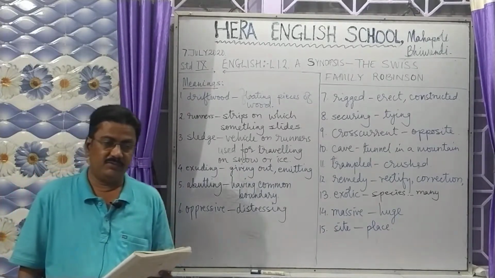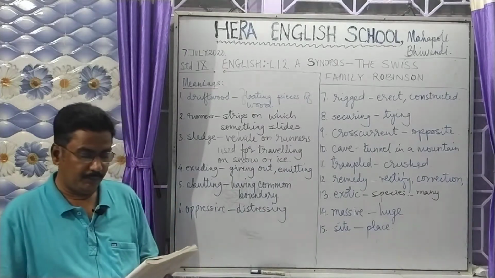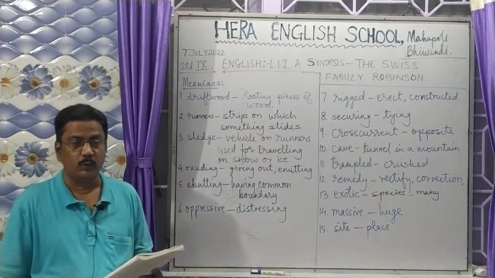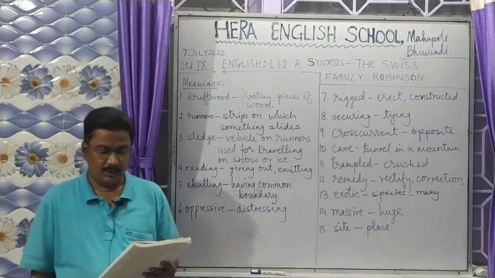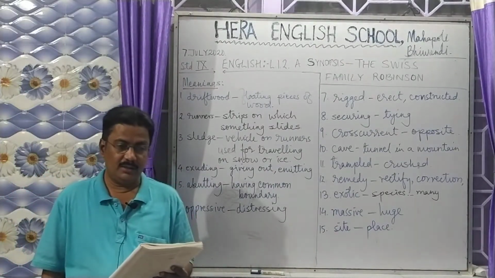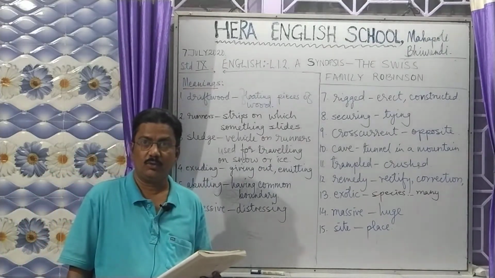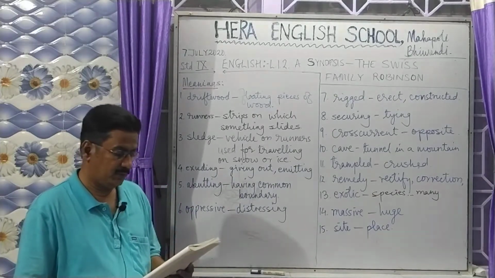Rubbery sap, that means latex in the liquid form, from which his father claimed that they could make boots. That means footwear, or your leather that weathers in that case. Leather that weathers is the slogan for Bata shoes.